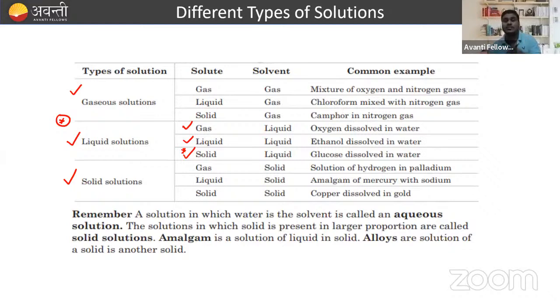Then what behavior do you observe? Whether there is a change in the boiling point of the solution, whether there is a change in the freezing point of the solution, osmotic pressure. So these are all called colligative properties that we are going to study when the solute acts as a solid and the solvent acts as a liquid. So this portion only, that is the liquid solution, we are going to study in this chapter.